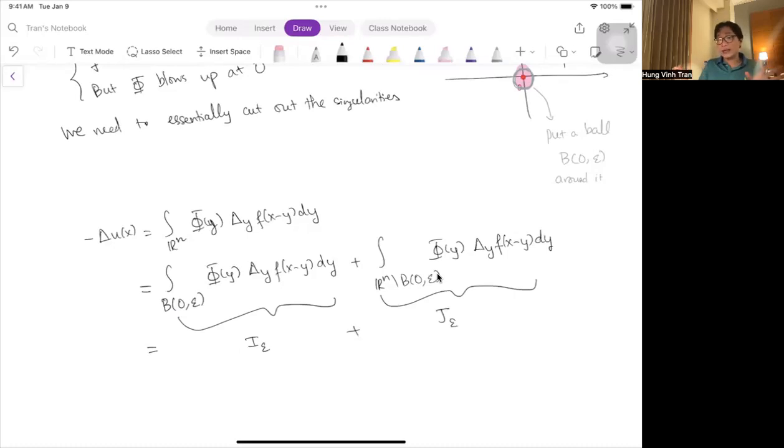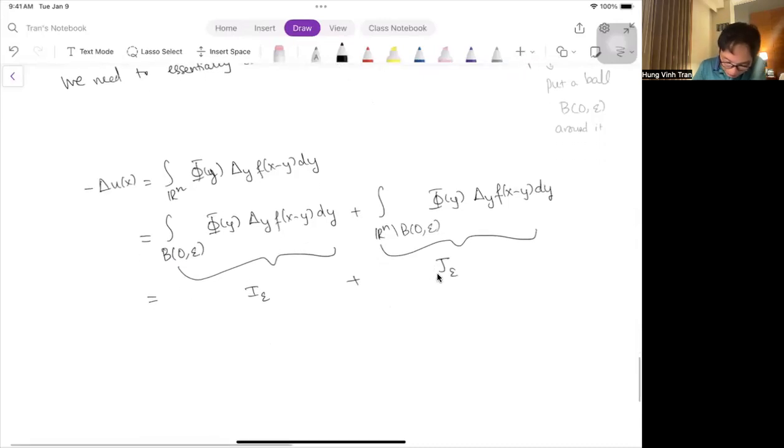We divide and conquer, right? We divide it into two pieces. The first one contains a singularity. The second one doesn't have any singularity, right? Phi is nice outside of this small ball. Okay.